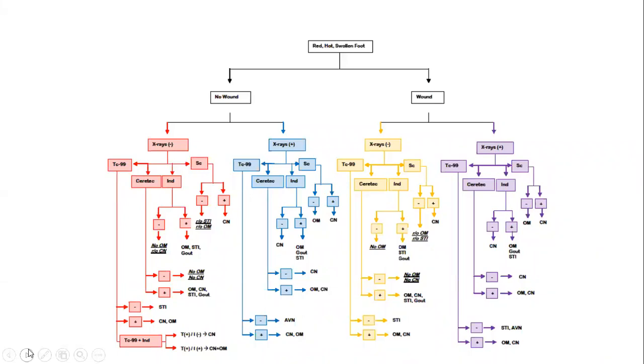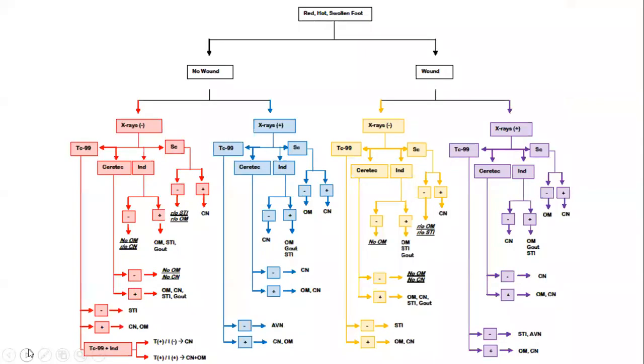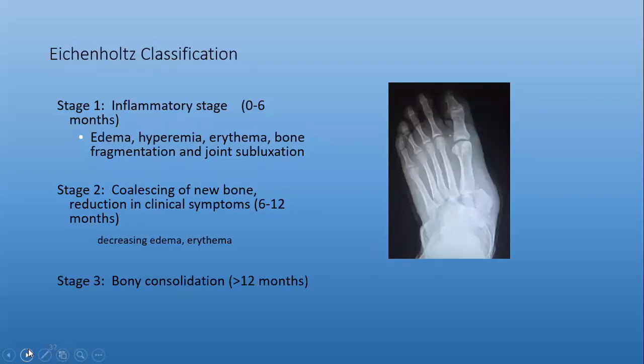This is constantly changing and updating with new modalities in your back pocket. So although that chart seems extremely busy, like this guy from Always Sunny, it is a nice little cheat sheet of which imaging to get in which patients.